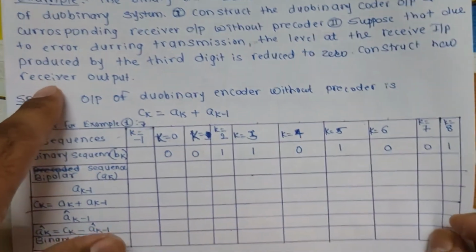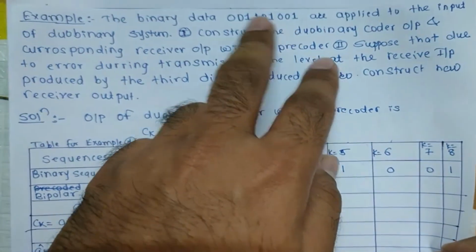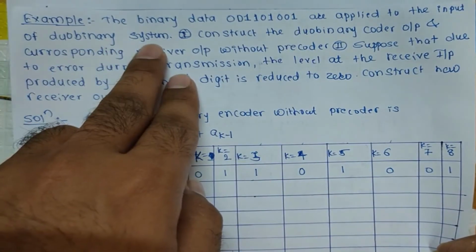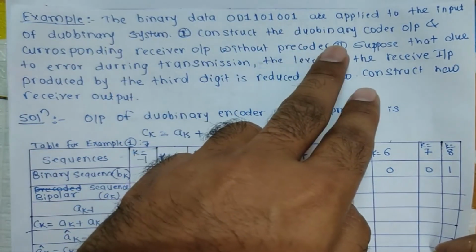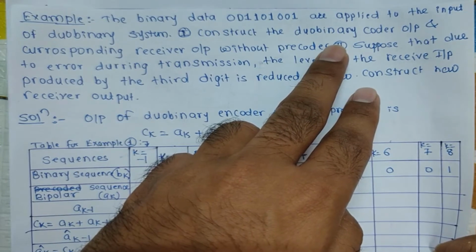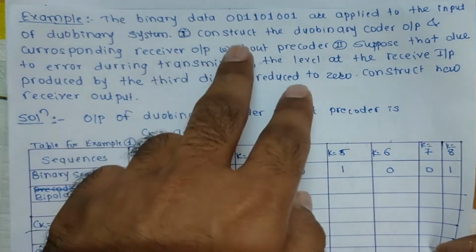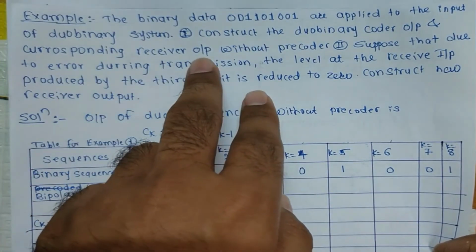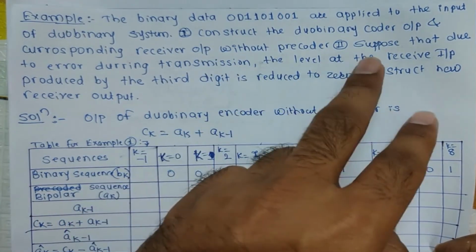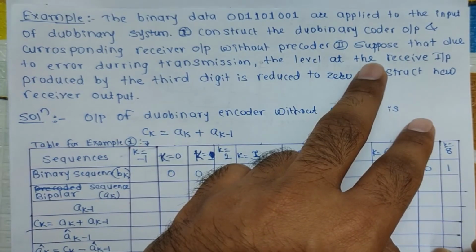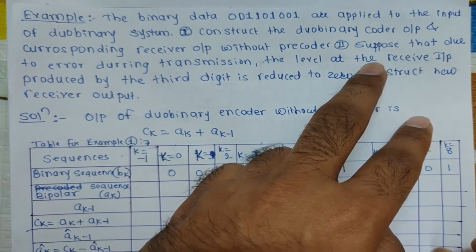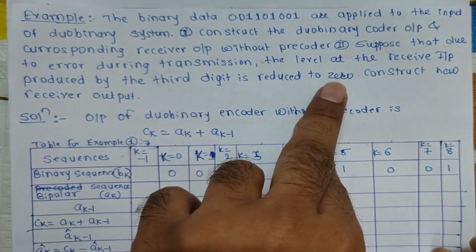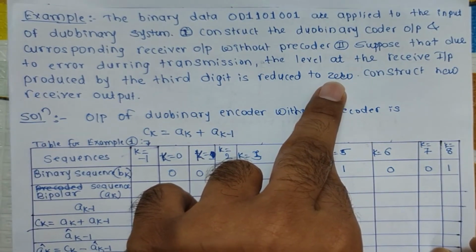So first of all, they have given us this input data 00110101, and it is applied to the duobinary system. They ask you to find the output of the duobinary encoder. So first of all, we are going to find the output of the encoder and we are also going to receive it, and then later on we can add an error in the transmitted sequence, and then we'll see how it produces the output in the received output also.